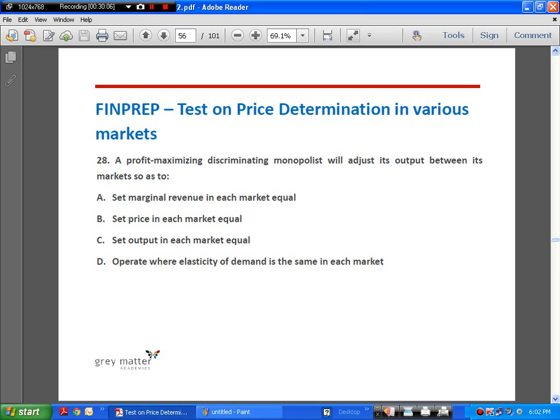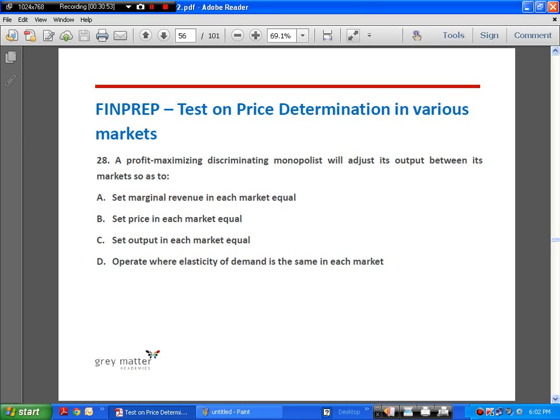28th question. A profit maximizing discriminating monopolist will adjust its output between its markets so as to, okay, so you will notice that the equilibrium level of output is fixed at the industry level by the interaction of the marginal revenue and marginal cost curves, and that particular marginal revenue is transferred to individual sub-markets, and based on this marginal revenue, wherever they cut the marginal cost, the individual market output is determined in each sub-market.